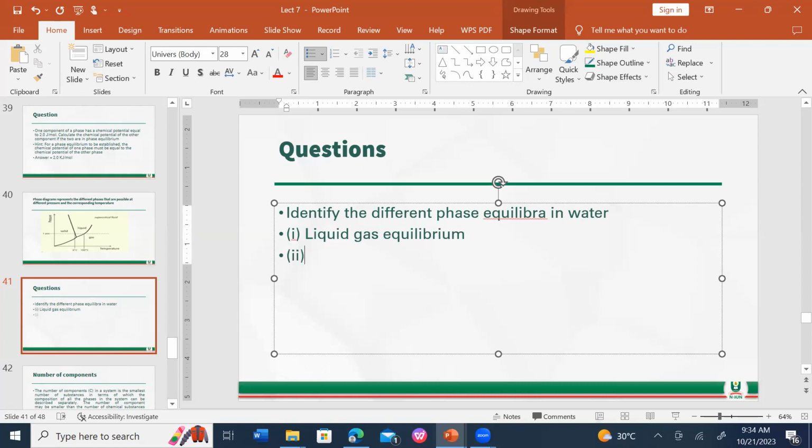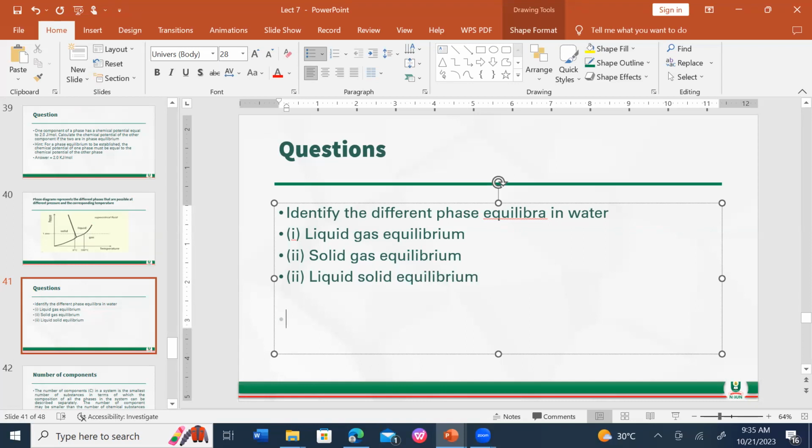We have solid gas equilibrium, and we also have liquid solid equilibrium. I think we've covered everything here: liquid gas, solid gas, and liquid solid equilibrium.